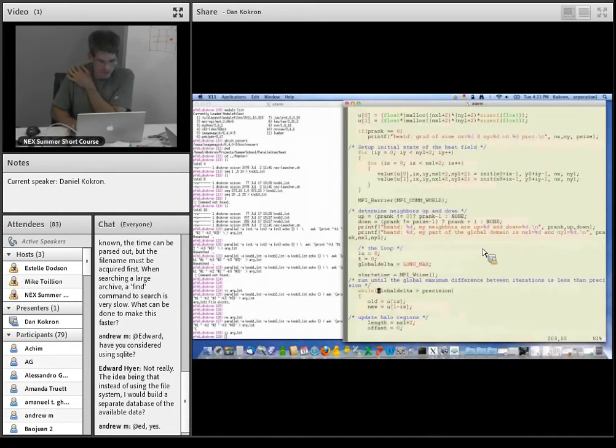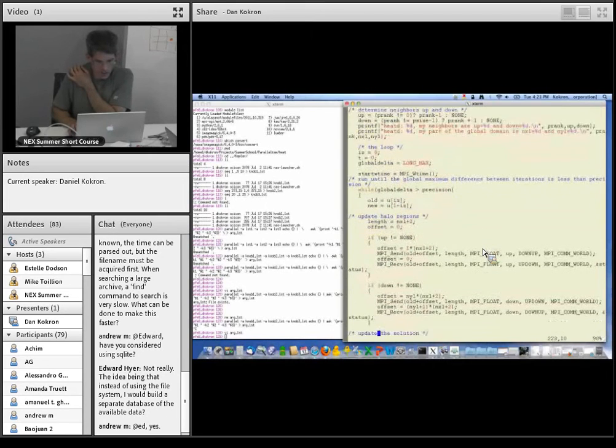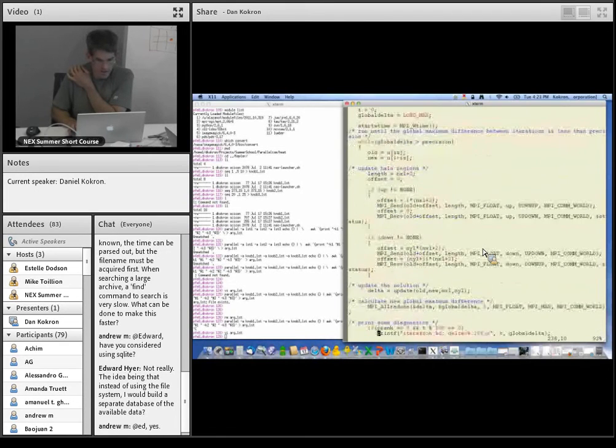Now each process does its own portion of the bar and returns its own delta. And here we use the MPI all reduce to gather those individual deltas into a global delta. Here we print some diagnostics, iteration count, and the current global delta.